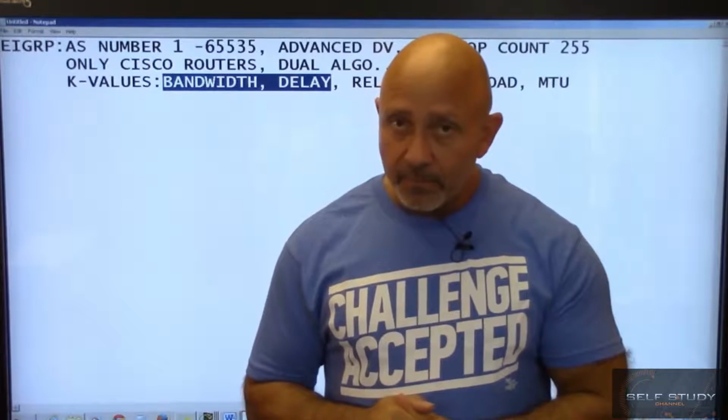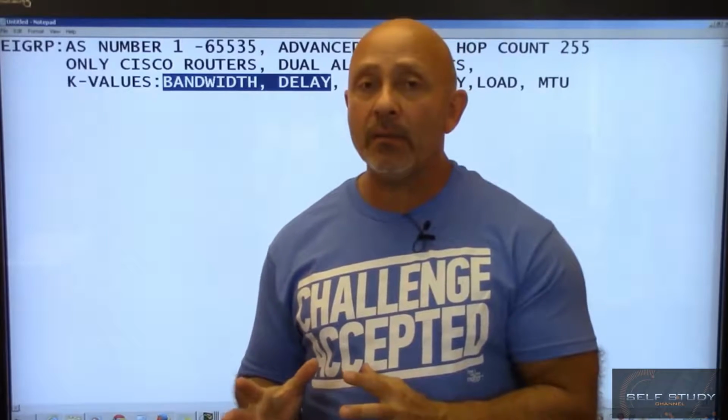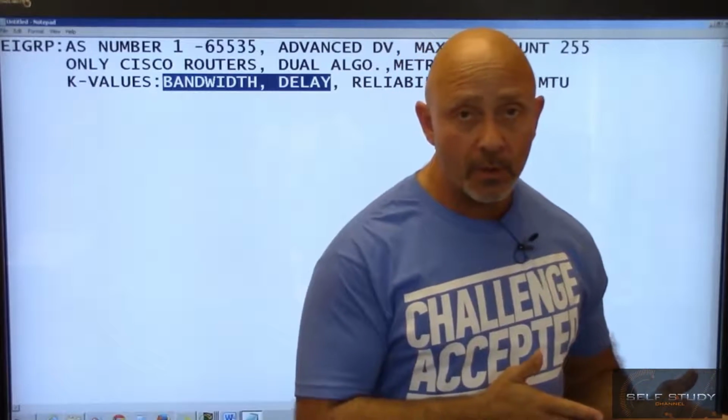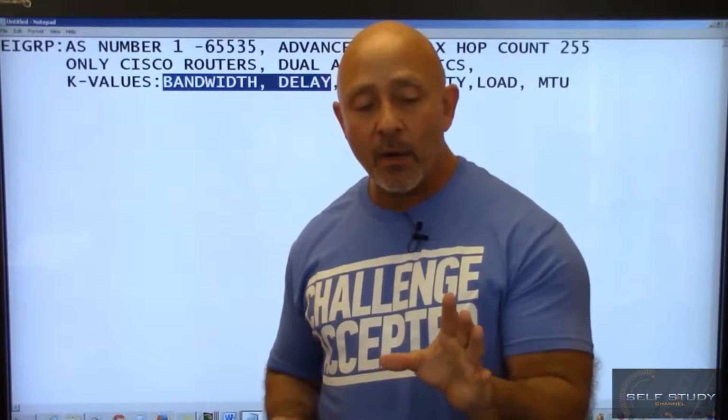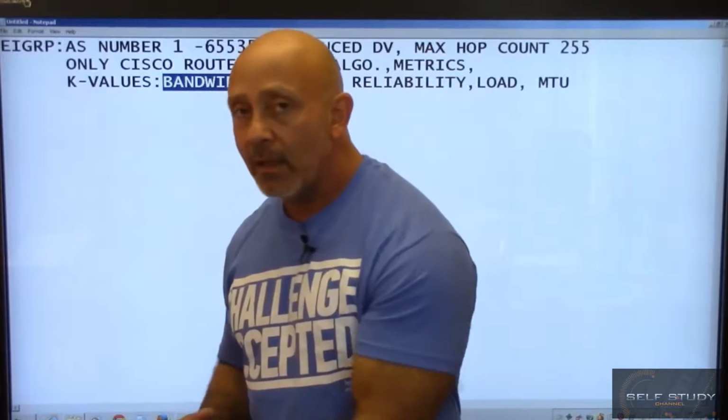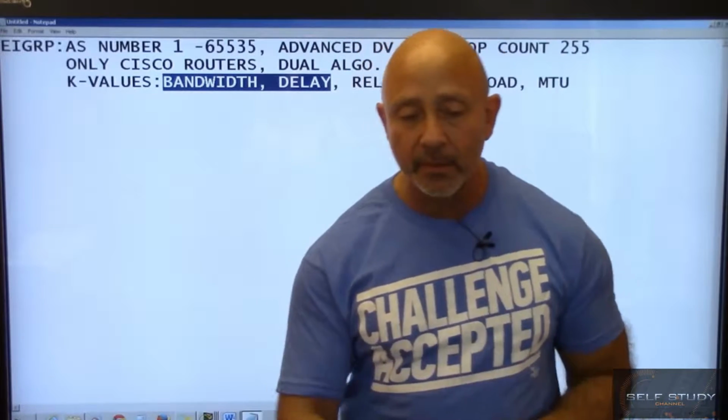Speaking of which, when EIGRP creates what's called an adjacency with its neighbor or neighbors, remember, routers only talk to those they're directly connected to, regardless of whatever routing protocol you have. So in order for EIGRP to create that adjacency with its neighbor router, there's a couple of criteria.